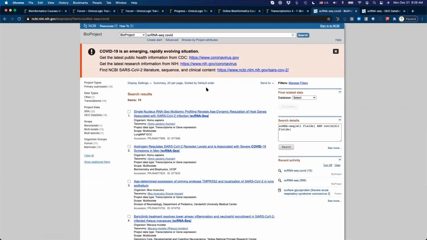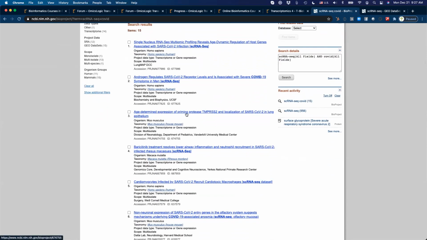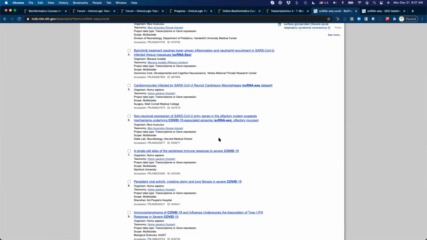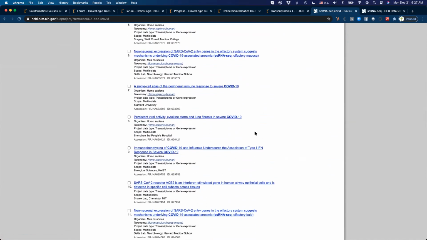Okay, so here we have single nucleus RNA-seq multi-omic profiling reveals age dynamic regulation of host genes associated with SARS-CoV-2 infection, or age-determined expression of priming protease TMPRSS2 and localization of SARS-CoV-2 in lung epithelium from a mouse. So a lot of interesting data sets, a single cell atlas of the peripheral immune response to severe COVID-19.